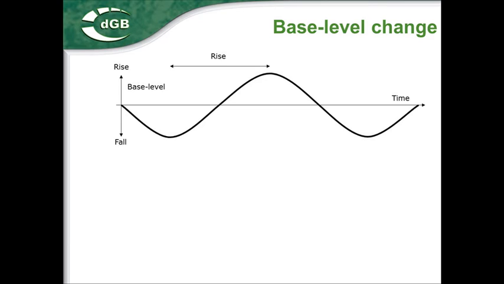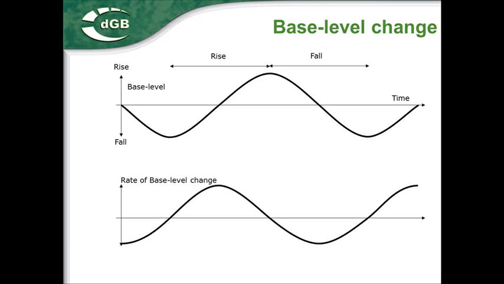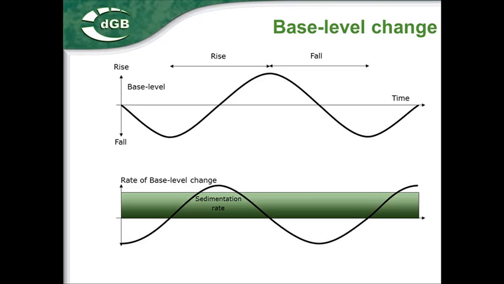Now let's see where these types of packages are actually occurring if we look at just one cycle of base level change, one rise and one fall. Even more important than base level rising and falling is how fast the base level is changing. So if I differentiate this curve, I get the rate of the base level change.